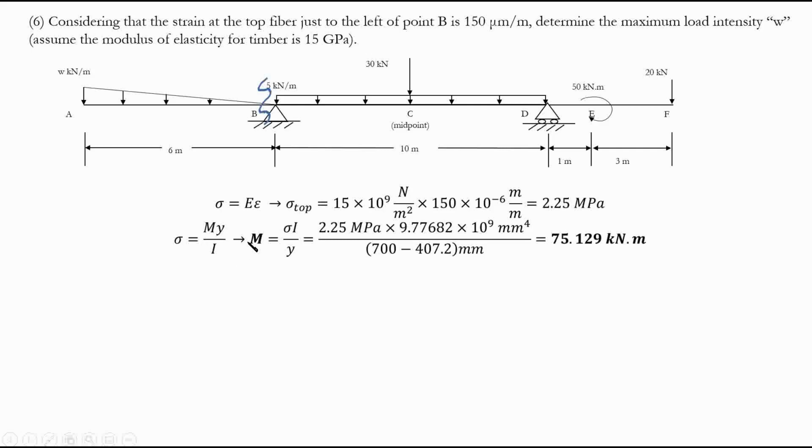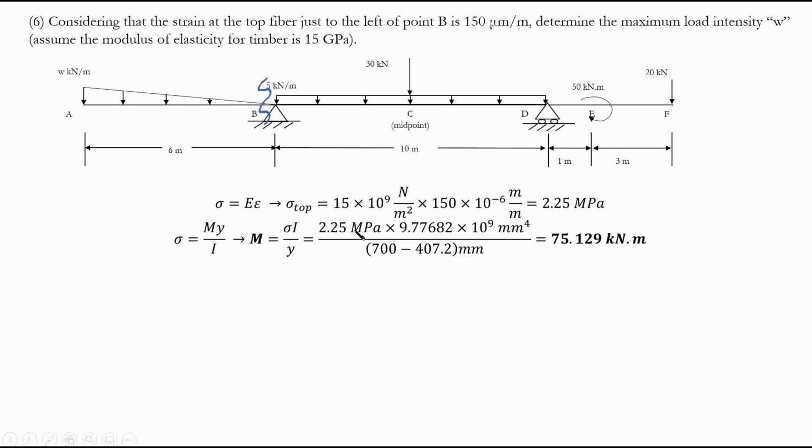Then you have this formula, as I mentioned, sigma equals My over I. What is M? Just change the positions here. Sigma times I over y is going to be your M. So sigma, what did we find? 2.25 megapascal. I, we know from before. Y, again, what are we evaluating? We are evaluating the top fiber. So y is the distance from the neutral axis to the top fiber. So 700 minus 47.2.